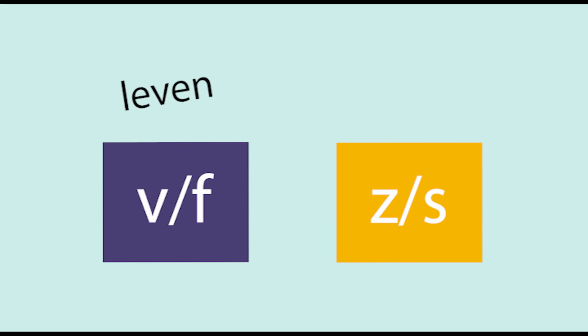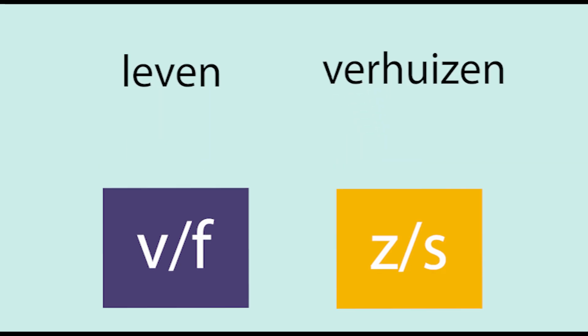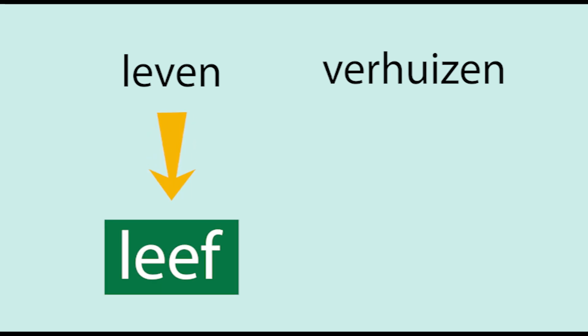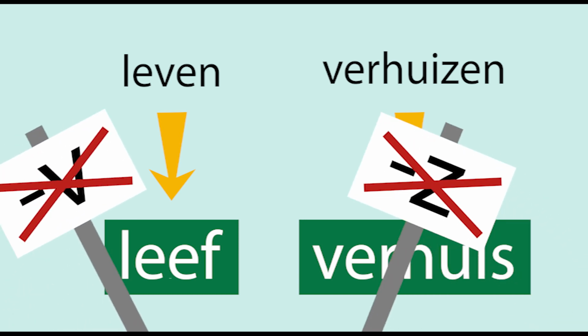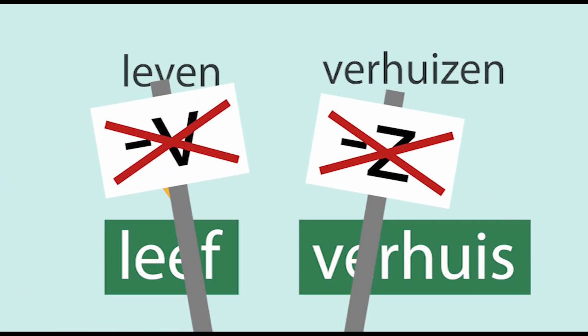Two more things to note. Let's take two verbs of the VF or ZS category. Leven, verhuizen. We know that the stem of the verb leven is leef, and the stem of the verb verhuizen is verhuis, because a Dutch word cannot end in a V or a Z. But what does that do to our soft ketchup?